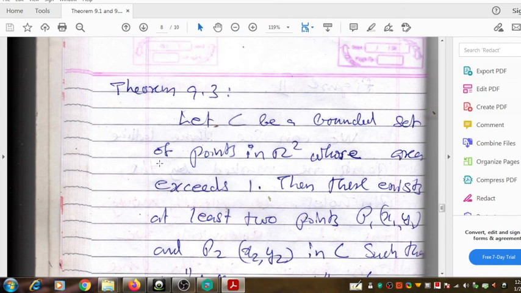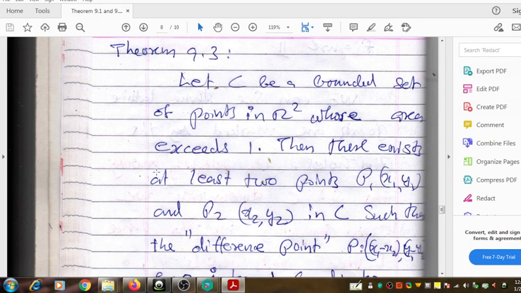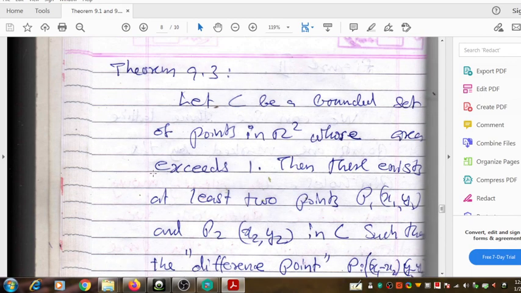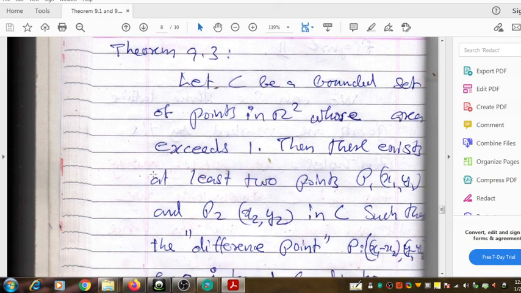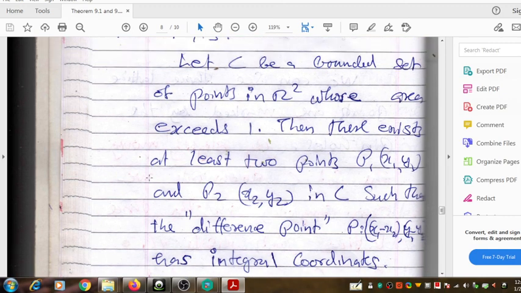Now we come to the next theorem. Next theorem is theorem 9.3. The statement is that let C be a bounded set of points in R2 whose area exceeds 1.